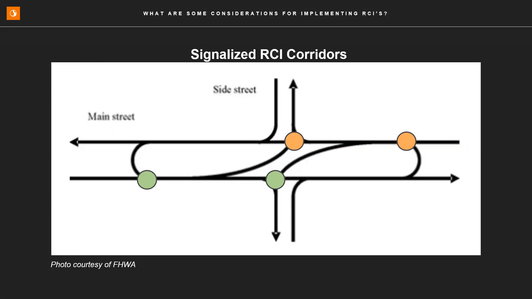When we are starting with designs of RCIs, the starting point before we do any reductions is generally a 46-foot median and then two 12-foot lanes. Then, if you only need a single U-turn lane instead of 2 lanes for the U-turn, you can begin to shrink down the median width.